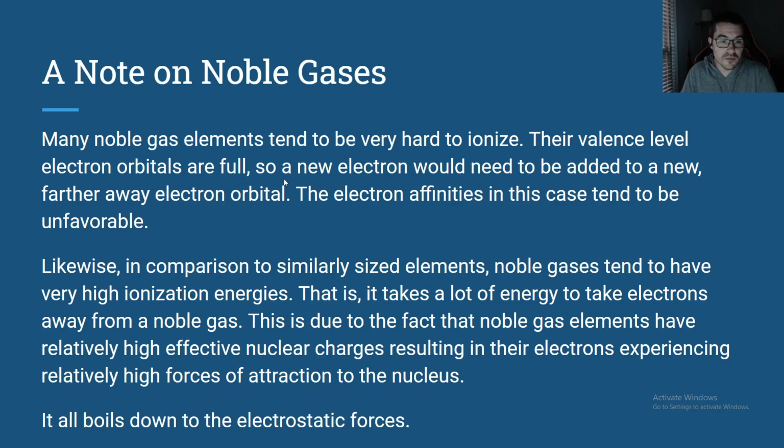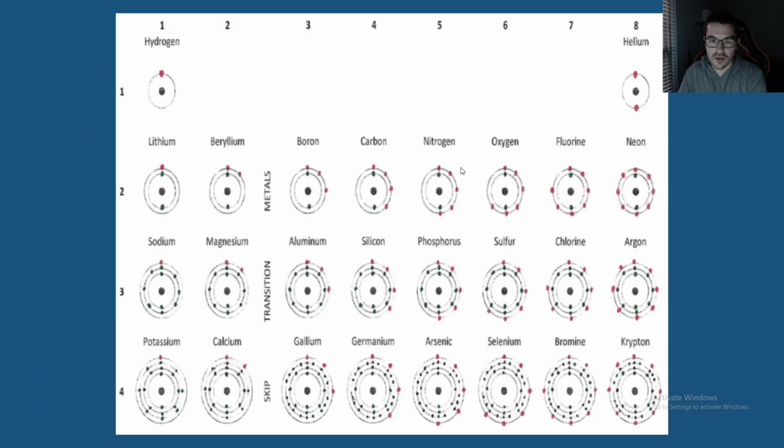What that would mean, right? So let's talk about electron affinity. You're trying to add an electron. Adding a new electron to a noble gas is very difficult, because that new electron would need to be added to a new, farther away electron orbital. Let's take a look here. If you're trying to add an electron to neon, it can't go into this second energy level. 2s2, 2p6, those are full.